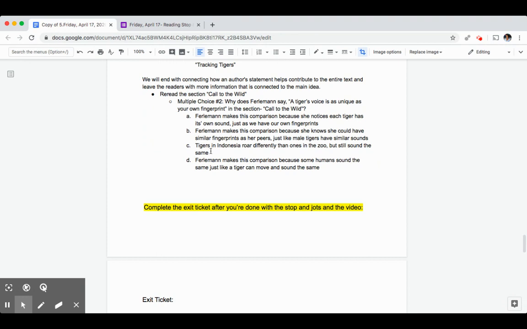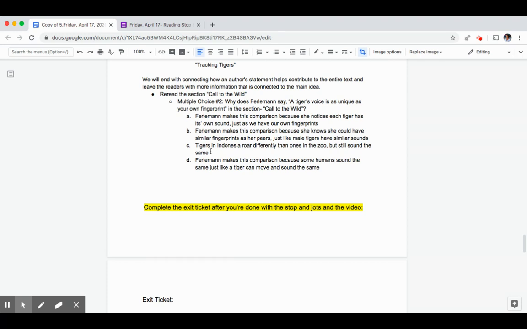So now that we have done our stop and jots together, we read the text, we had a discussion about those questions, and you came up with your independent main ideas, you're going to go ahead and do your exit tickets for reading class, where you answer questions independently.